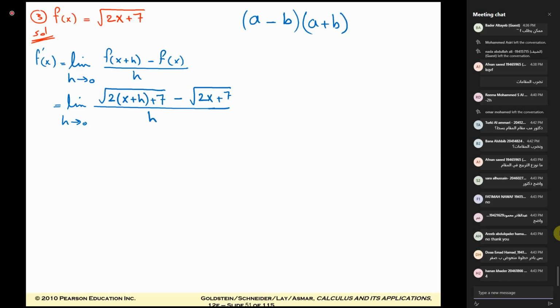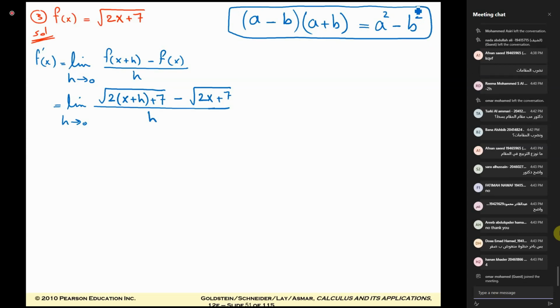The final result is a square minus b square. The rule is a square minus b square equals a minus b multiplied by a plus b, the same terms a and b but a different sign between them.